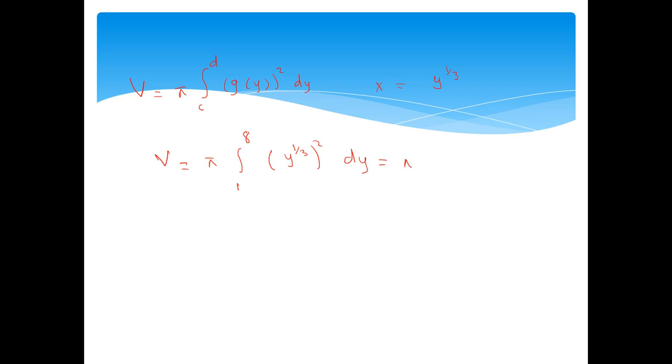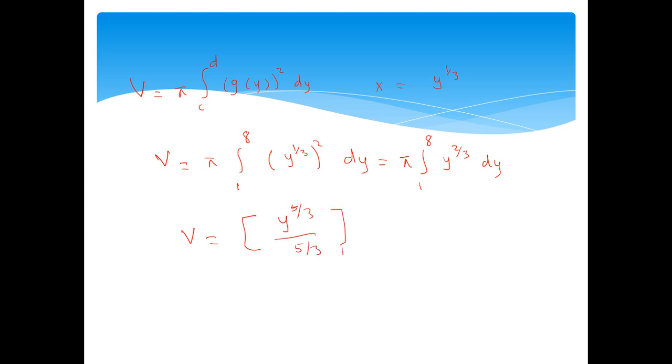So we're going to have pi times the integral from 1 to 8 of y to the 2/3 dy. The volume is going to be equal to pi times y raised to the power of 5/3 over 5/3.